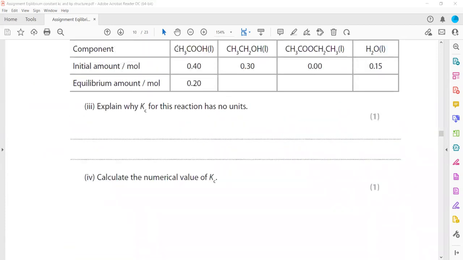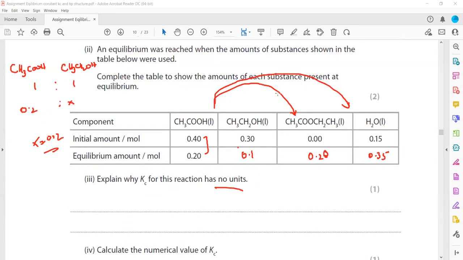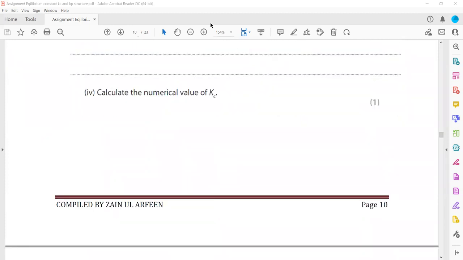Then state the numerical value of Kc. So after getting this answer, 0.2, 0.1, 0.2, 0.35, Kc will be the product divided by reactant. So we substitute the concentration. These are the moles, but concentration will be 0.20 divided by volume, then 0.35 divided by volume.